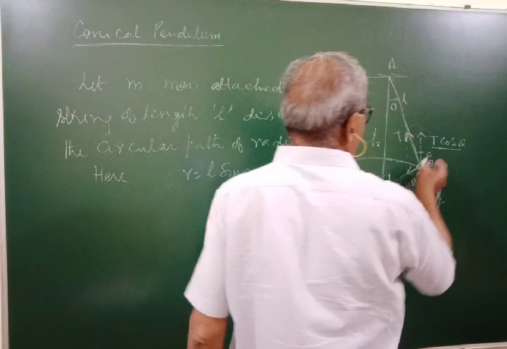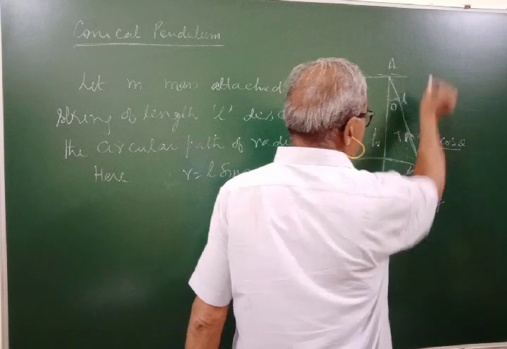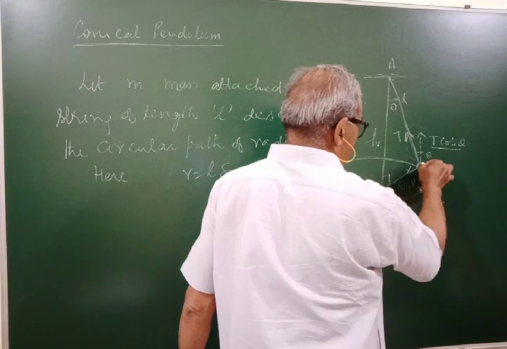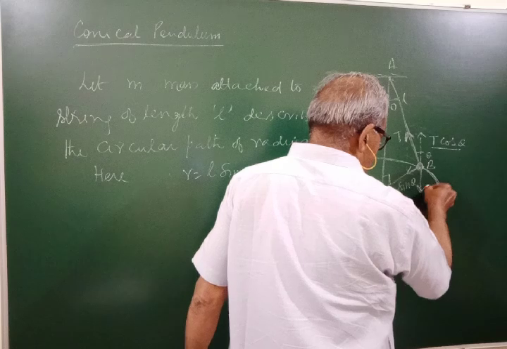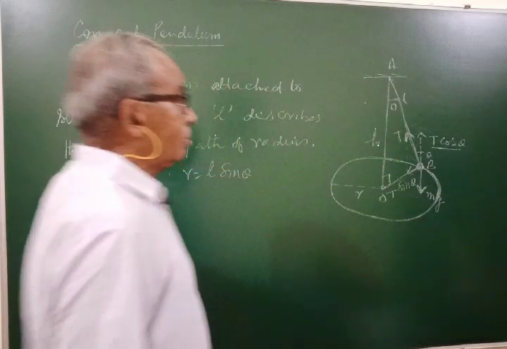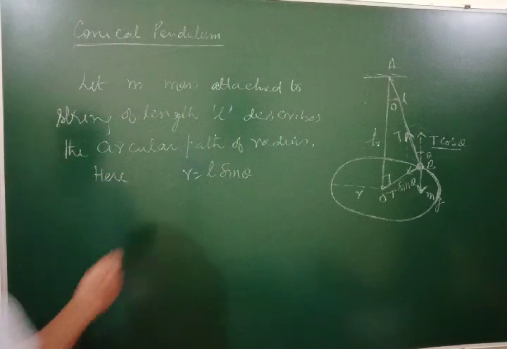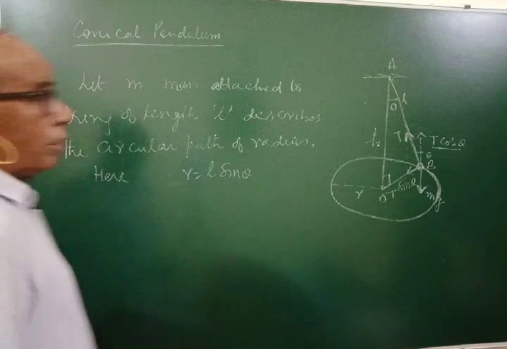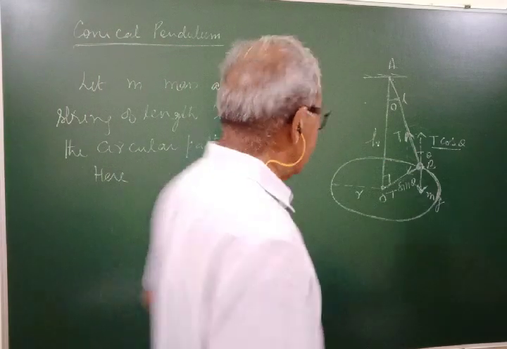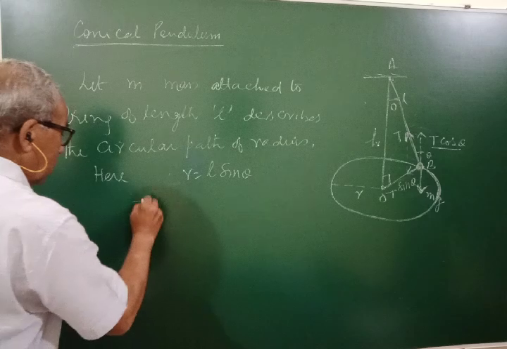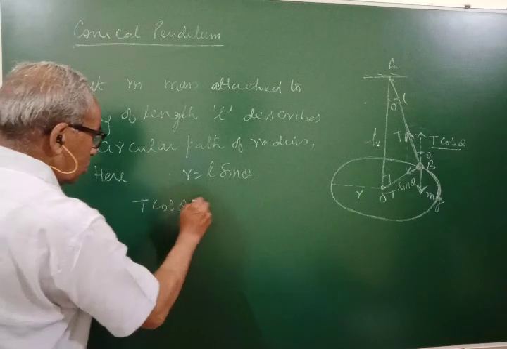T cos theta acts vertically up and the weight of this mass, mg, acts downward. So here T cos theta balances the weight mg. T cos theta is equal to mg.